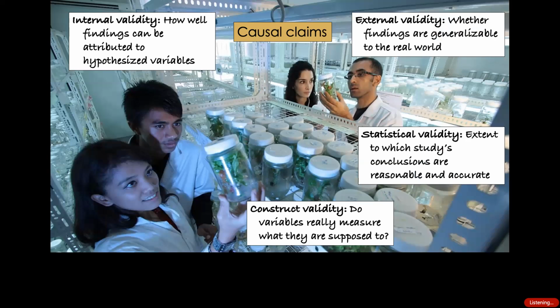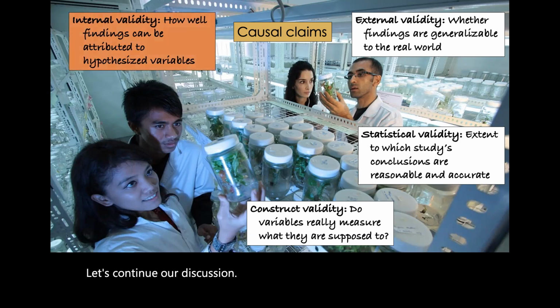Statistical validity: are the study's conclusions reasonable and accurate? Construct validity: do the variables really measure what they're supposed to? And internal validity: are there other explanations? This is perhaps even more important than external validity here.